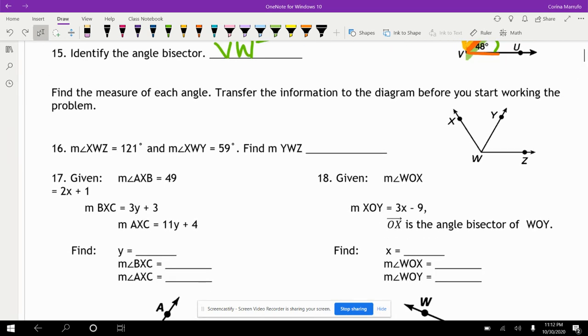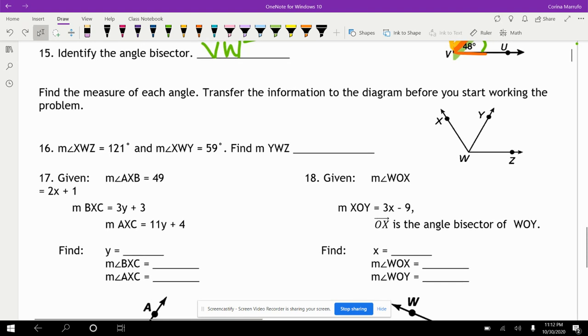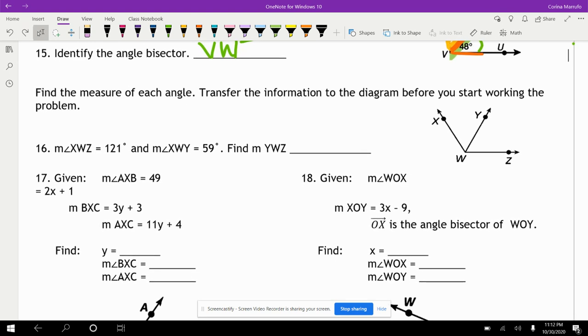All right, the next part says find the measure of each angle. Transfer the information to the diagram before you start working. Okay, so if they do not give you a diagram, make sure that you do draw one, but here they do. They tell us the measure of XWZ is 121. That means this entire angle from here to here is 121 degrees.